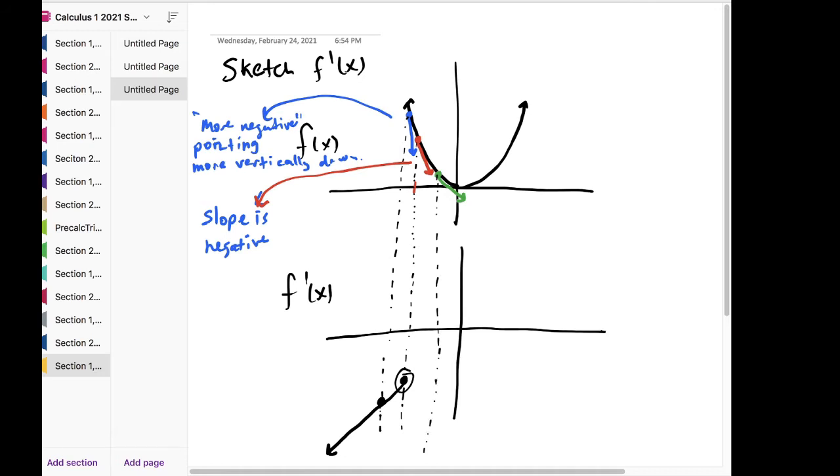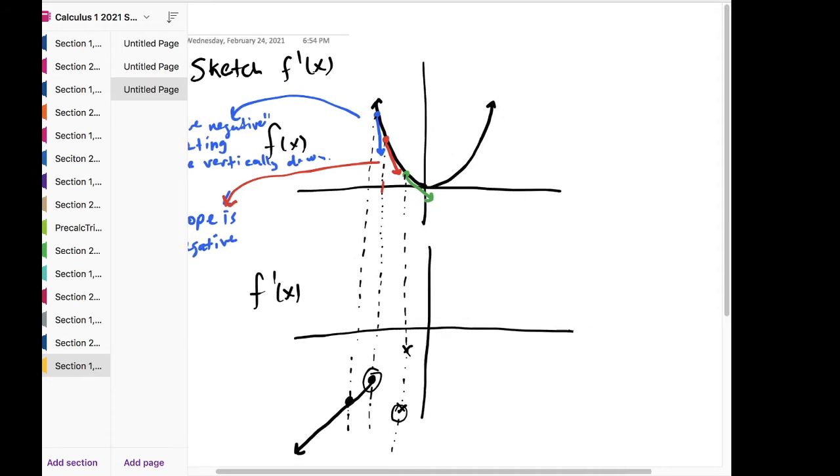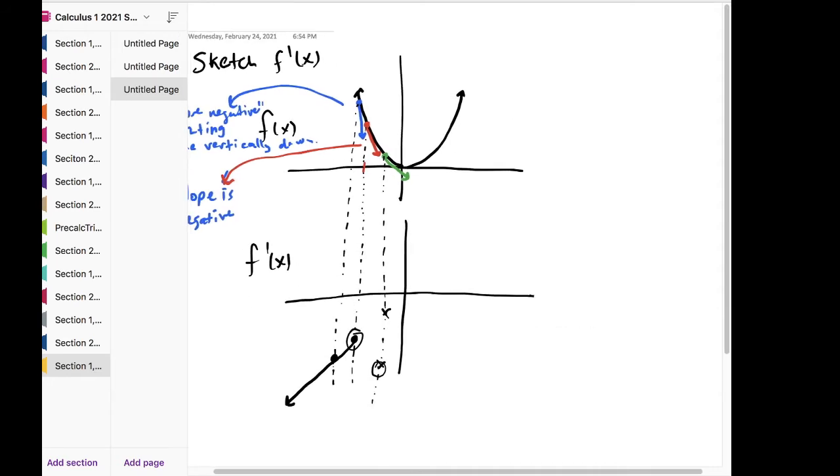Is it bigger or smaller than, do I draw it up here or do I draw it down here? How is its slope in relation to the one before? Down here? Okay, so let's recall something.